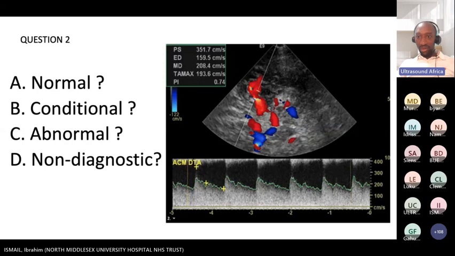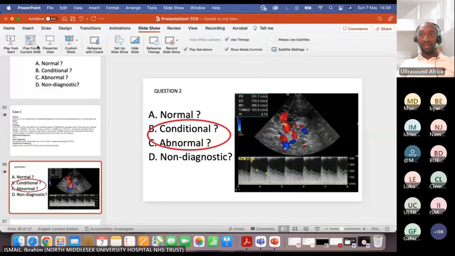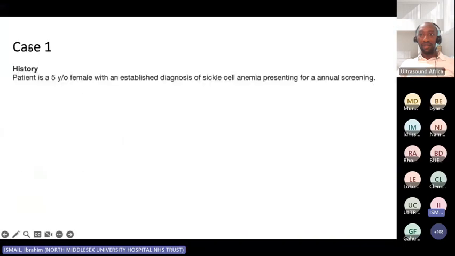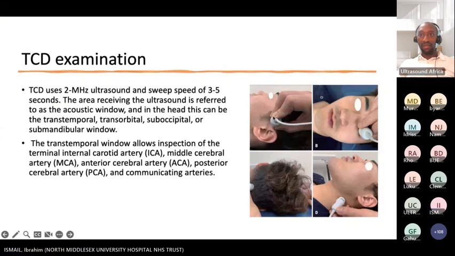This question I'm sure you answered, but I'll ask you again anyway. Rindy Twist is asking, which window do you use to interrogate the MCA? Let's have a look. Again, the middle cerebral artery. You see, this person had some hair here, so a little bit of sideburns. You can still get it. So this is the transtemporal region.